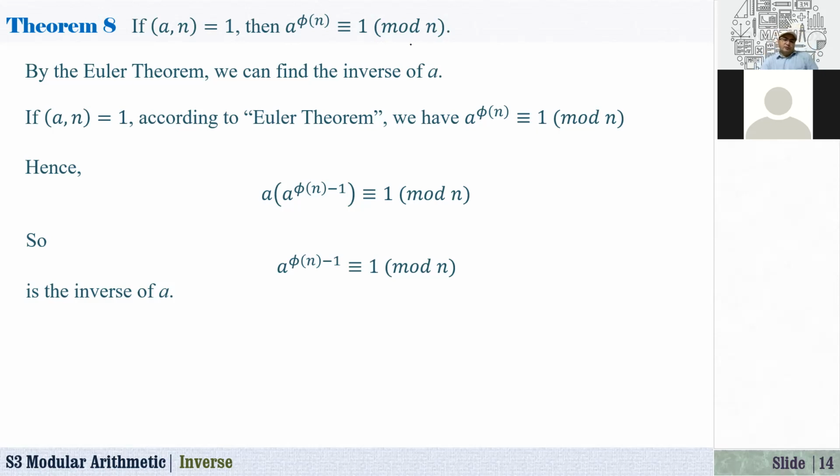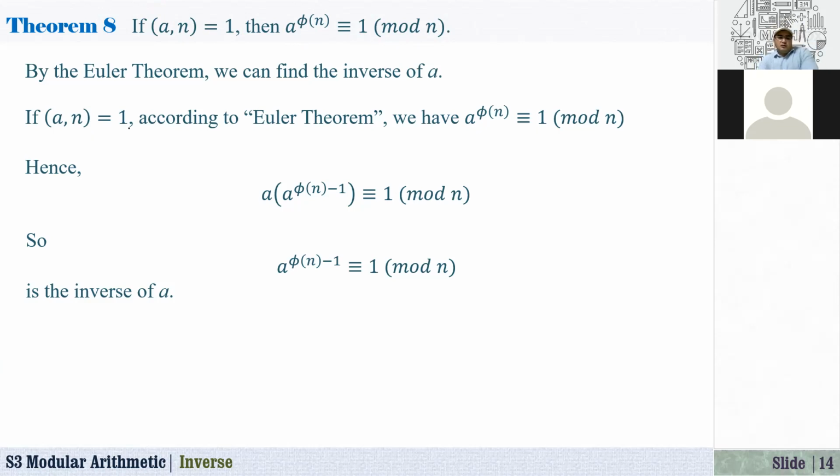That is the most important theorem of this lesson, let's say. So we are going to use this theorem to solve the problems. It says that if the greatest common divisor of a and n is equal to 1, then a to the power of phi of n is congruent to 1 mod n. And we know how to find this phi of n, right?